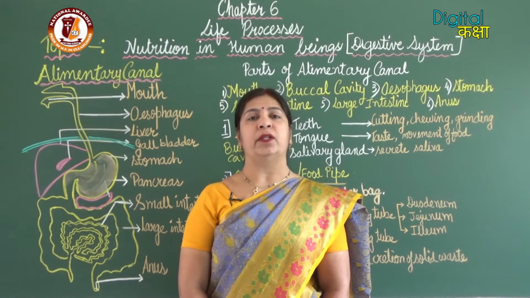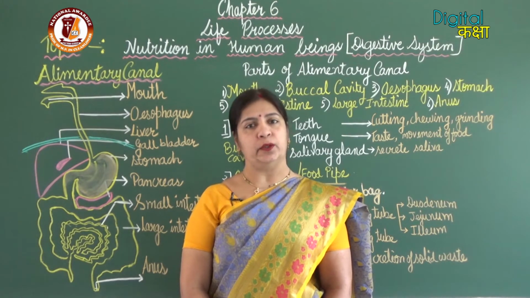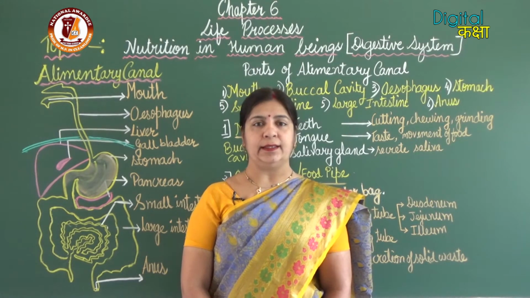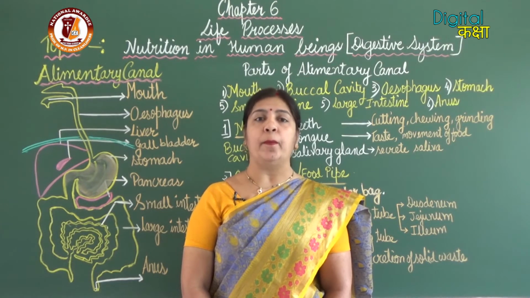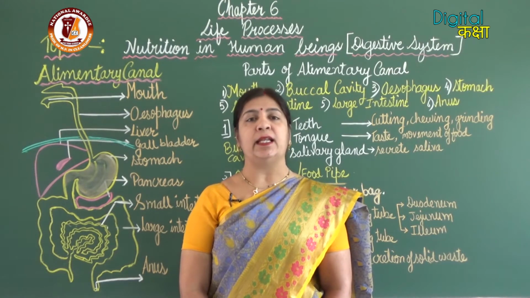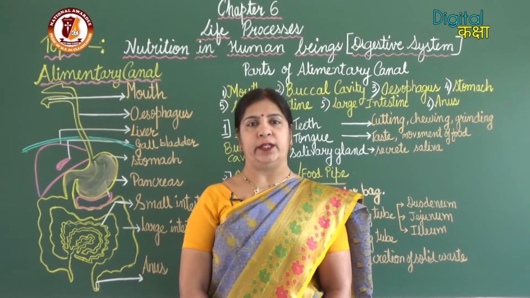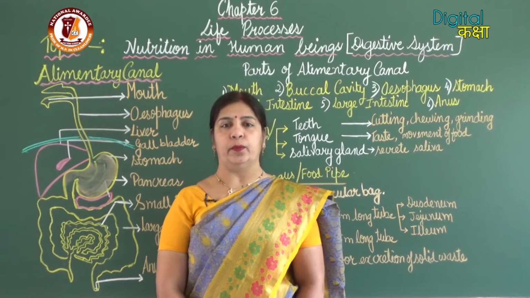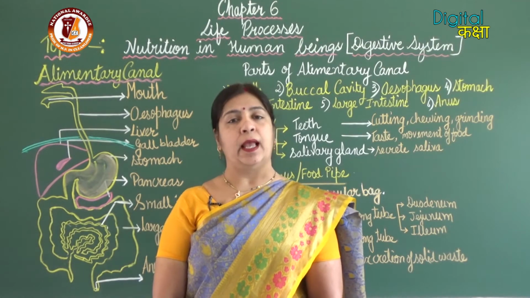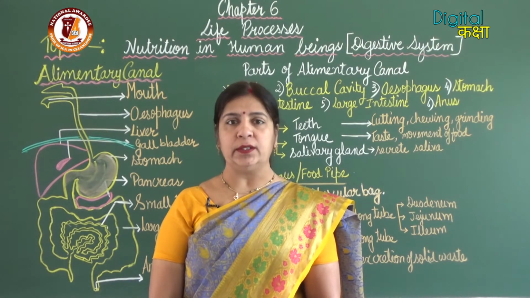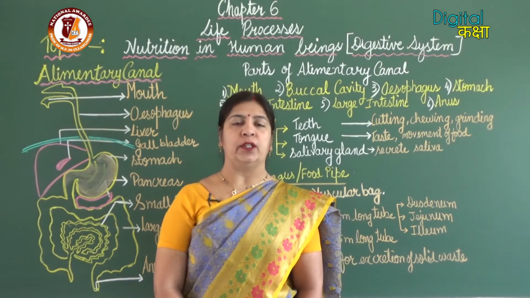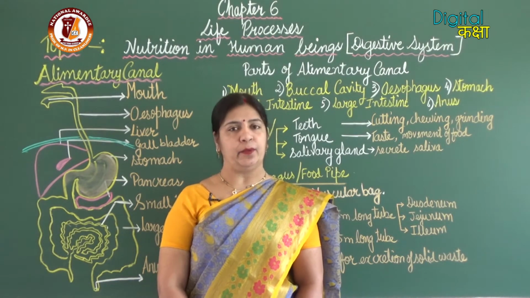Among heterotrophs, we show holozoic mode of nutrition, that is, we take solid complex food and then it is broken down into simple soluble forms inside the body. So we show holozoic mode of nutrition. And we are omnivores, that is, we feed on both plant products and animal products.